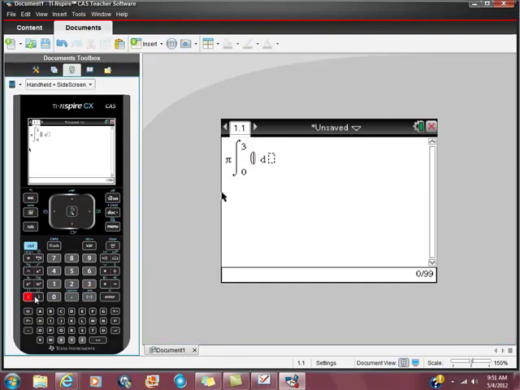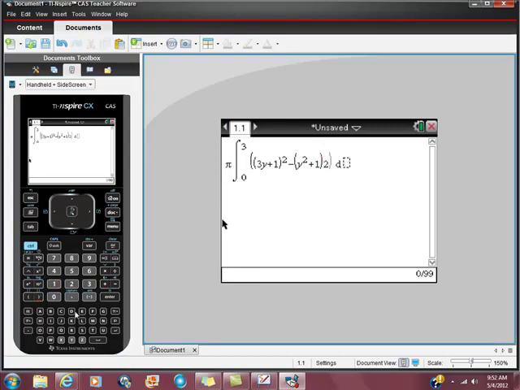And then we're going to put in this whole thing that we had. We had 3y plus 1, that distance, squared, minus the quantity y squared plus 1, quantity squared dy.